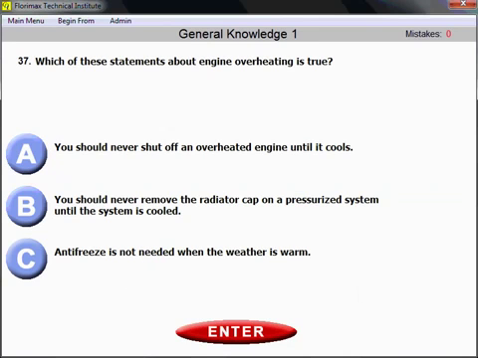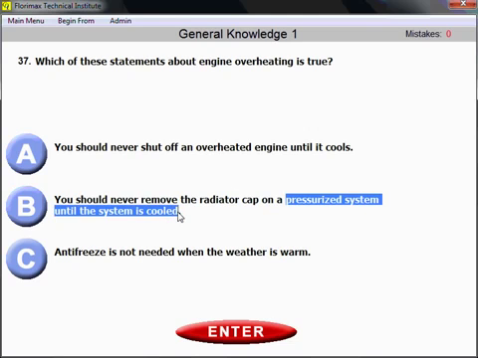Number 37. Now you're asking about overheating of the engine. You're asked which of the three given statements about engine overheating is correct. And please remember, this rule is always applied to the safety matter: you should never remove the radiator cap on a pressurized system until the system is cooled.